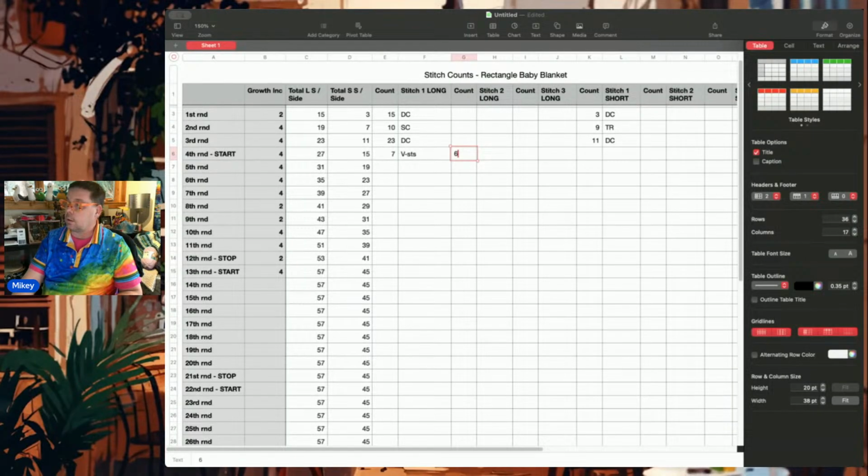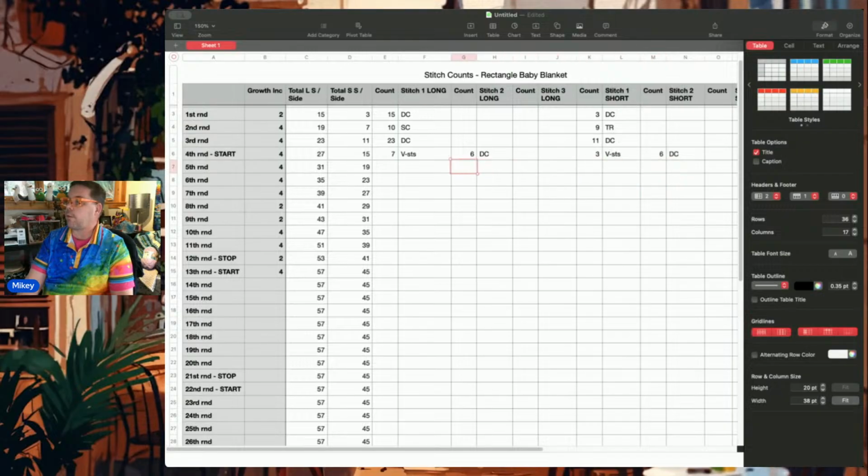I got 6 DC. And on the short side, I have 3 V stitches and 6 double crochet, right?